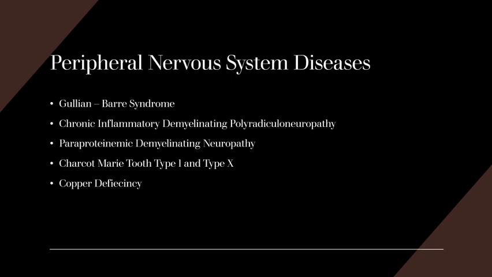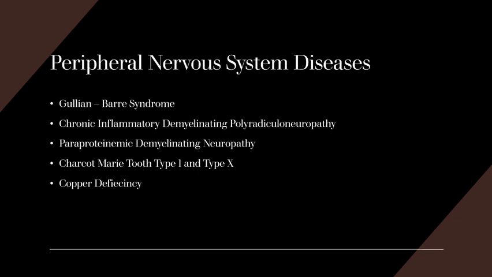Peripheral nervous system diseases in which myelin is attacked include Guillain-Barré syndrome. This immune disease could be caused by infections including cytomegalovirus, mycoplasma pneumonia, Epstein-Barr virus, and influenza virus or vaccinations.